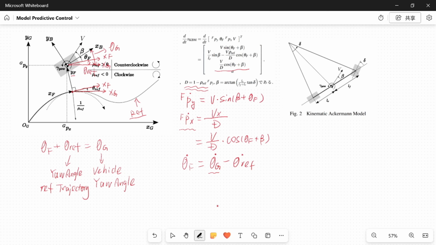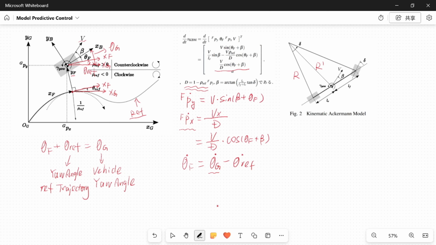So this radius is R prime. This is R, and this is the kinematic bicycle model. And this is the rear tire. This is the front tire, and this is the speed V. And this is the slip angle beta at the CG of the vehicle.